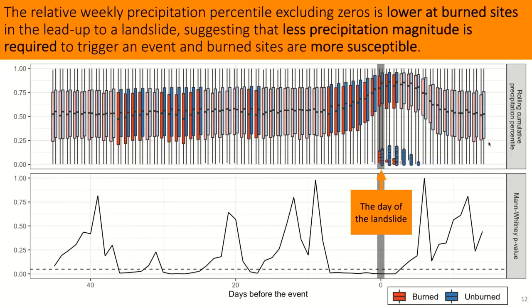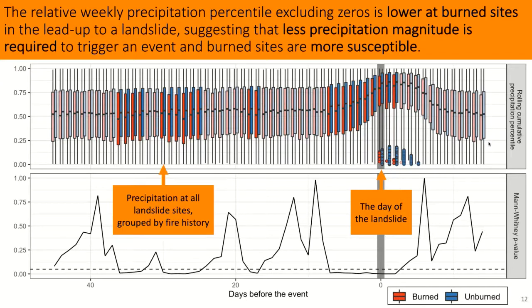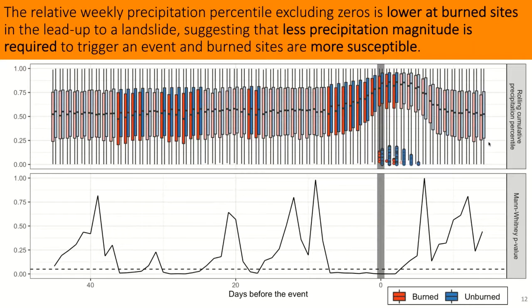The reason for that is because the magnitudes are normalized by the site and the time of year, but the precipitation frequency is not normalized, and so it was difficult to tell what was really going on with these data with the zeros in there, because there were some persistent differences between the burned sites and the unburned sites.